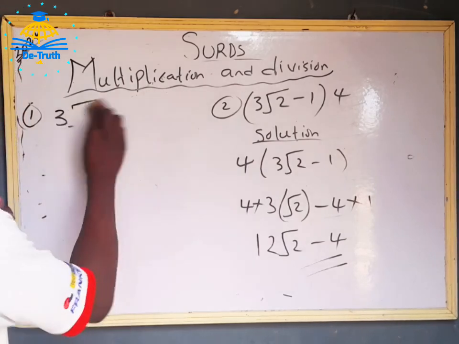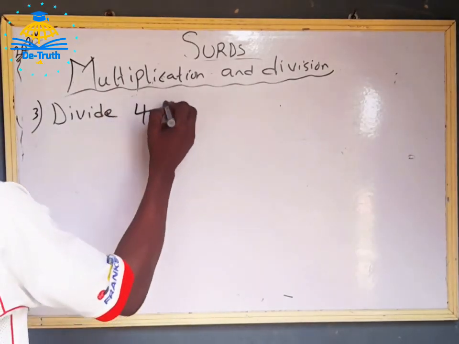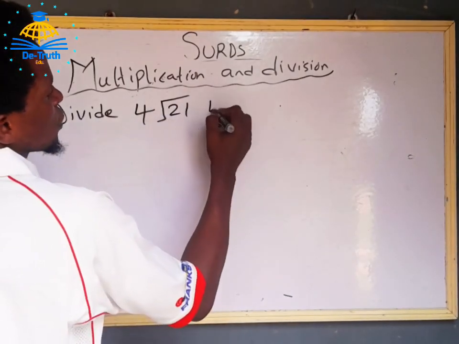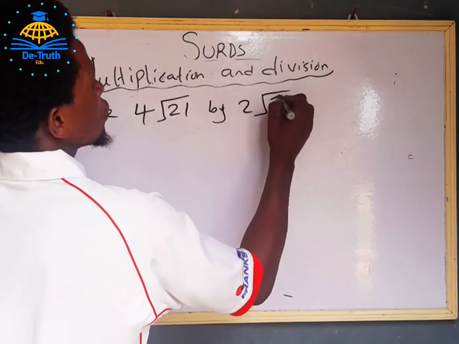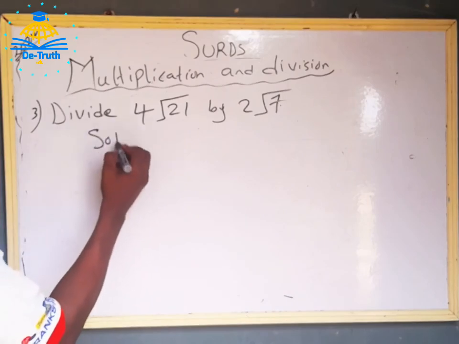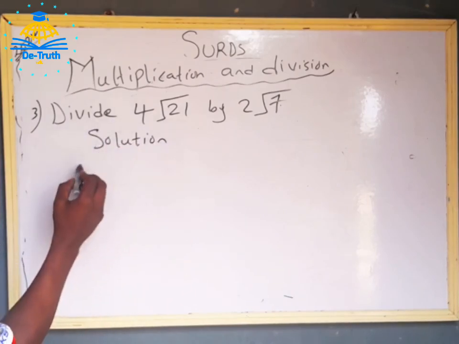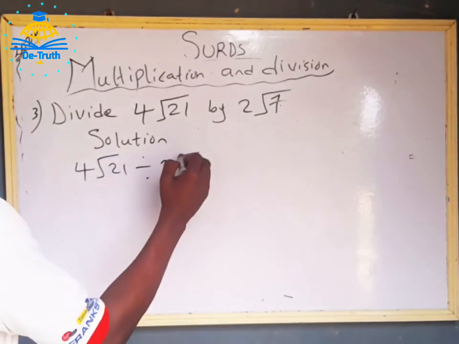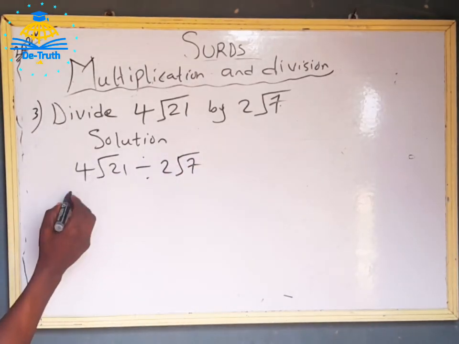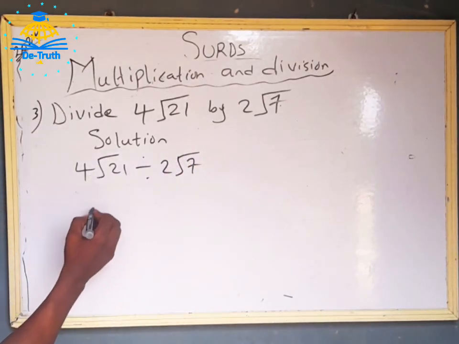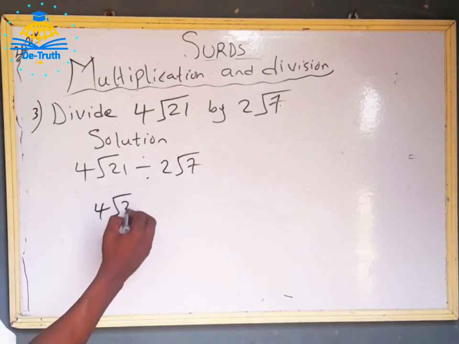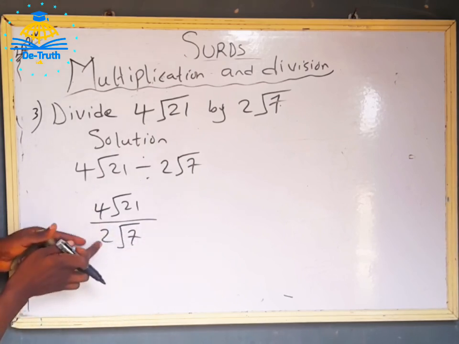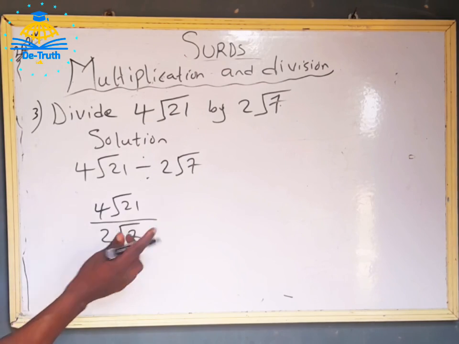Same thing for division of surd. Divide 4 root 21 by 2 root 7. So the solution of this one: 4 root 21 divided by 2 root 7. Just divide 4 by 2, then divide root 21 by root 7.